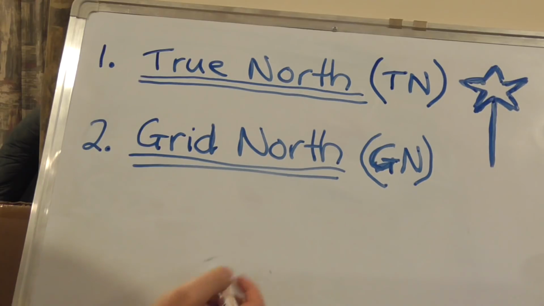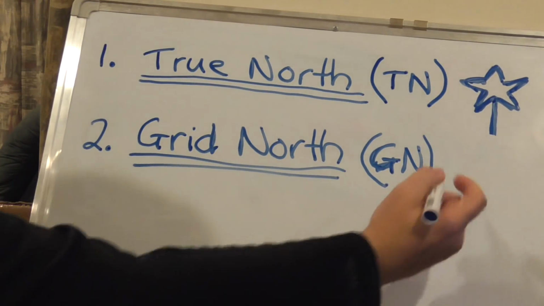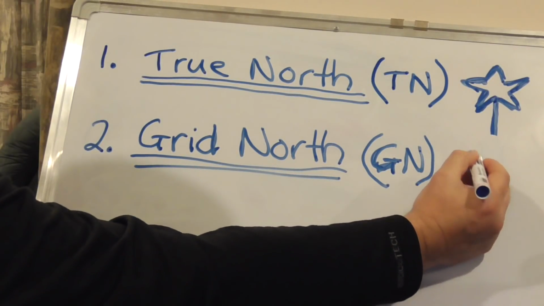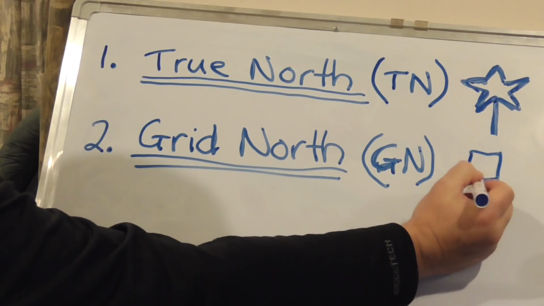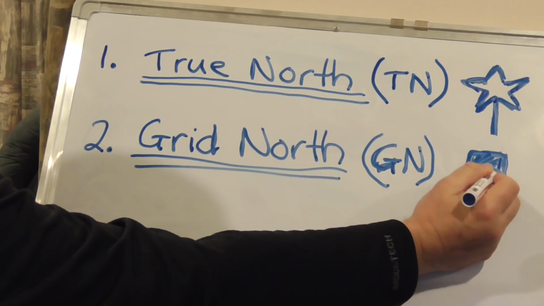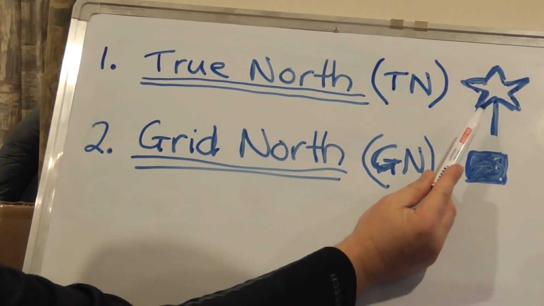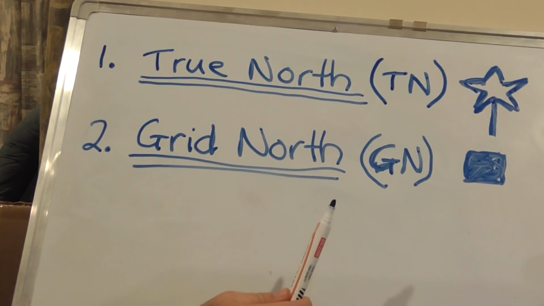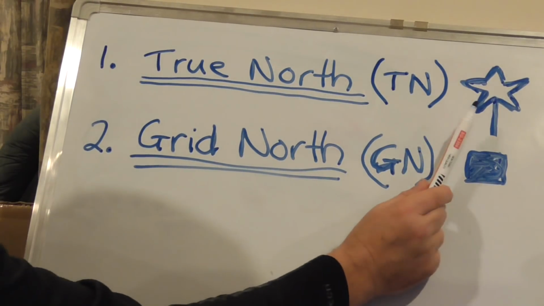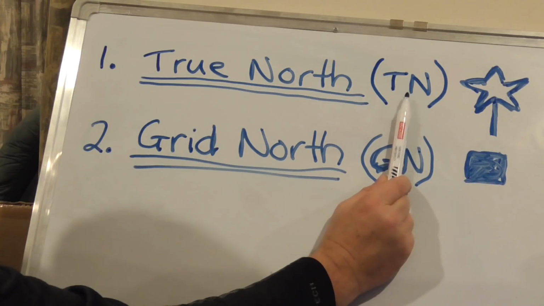The symbol for grid north is normally a box. What's really important before I carry on is the symbol for true north is normally a star. Sometimes they might do a double arrow, or something else, but normally it is a star, and sometimes they might just write TN.